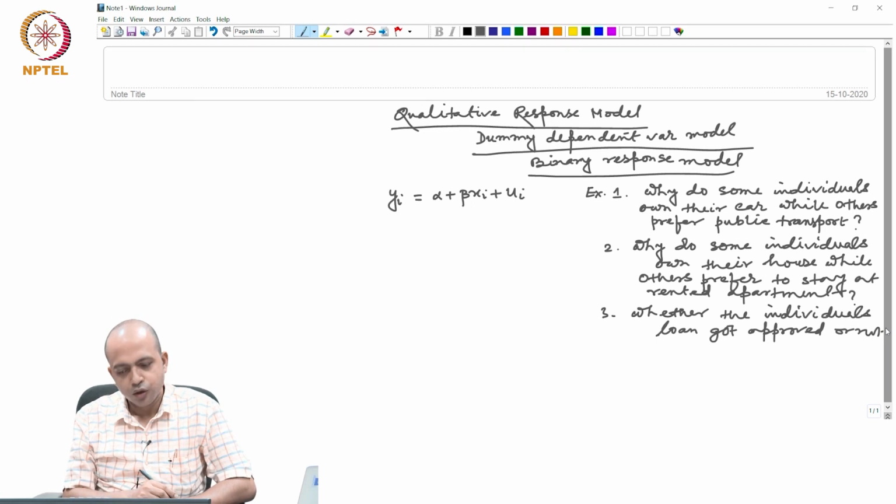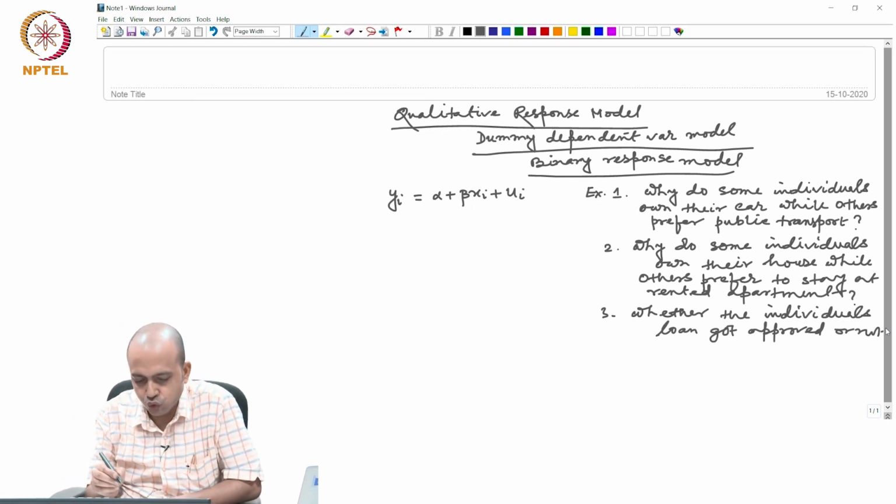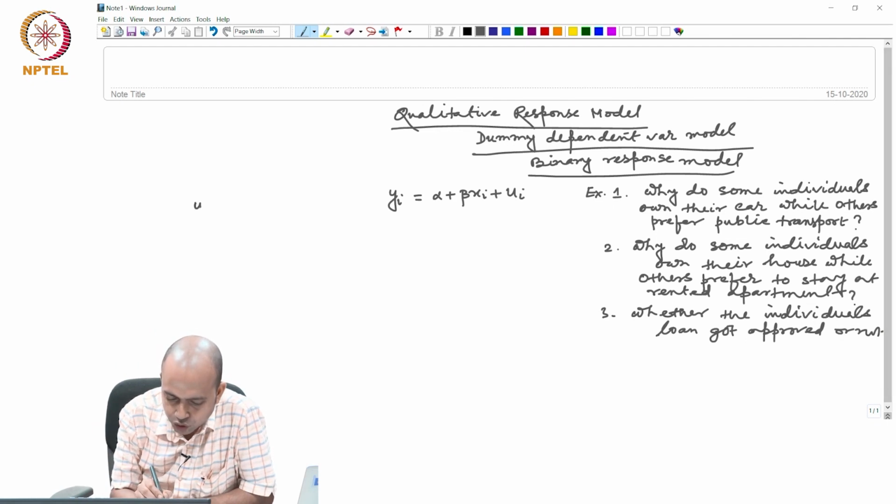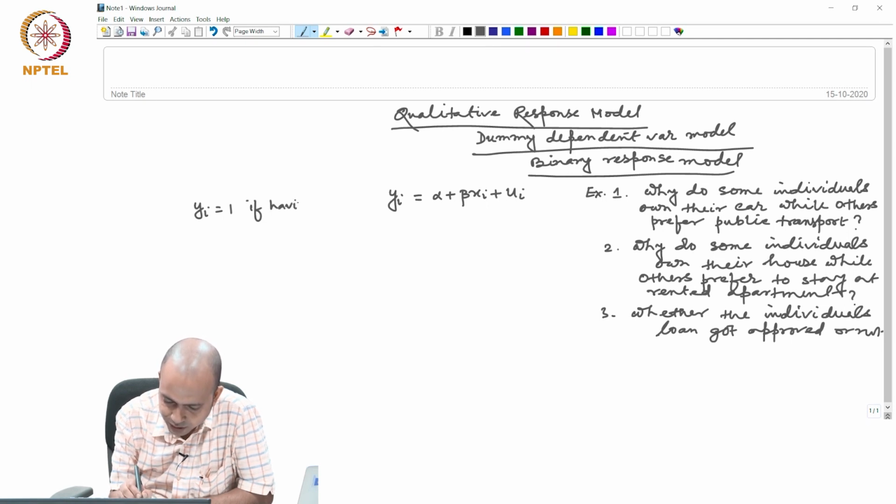So what I am saying is that yi can take only two values: yi equals 1 if having a car, in this car ownership problem, and 0 otherwise.